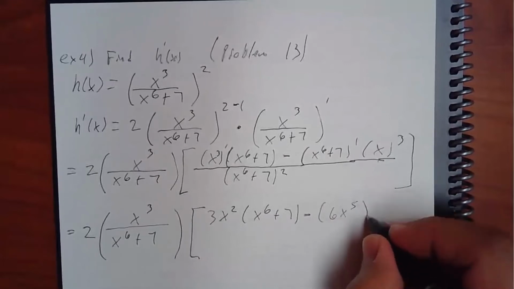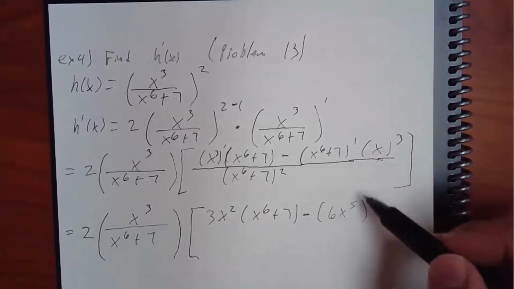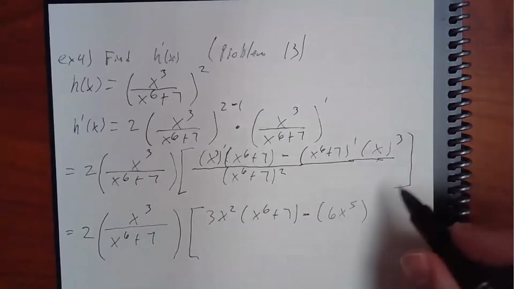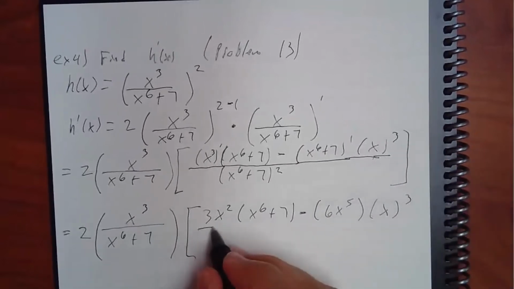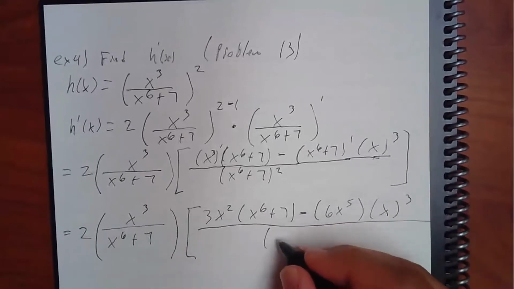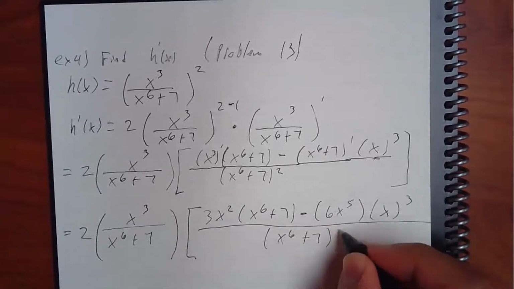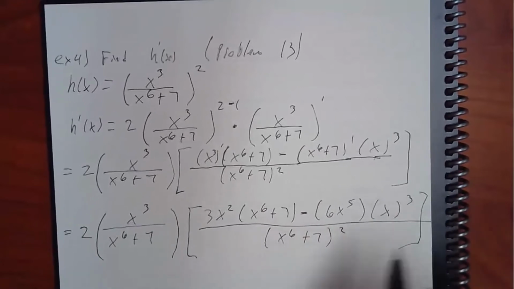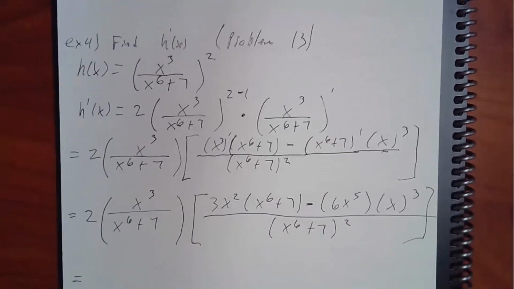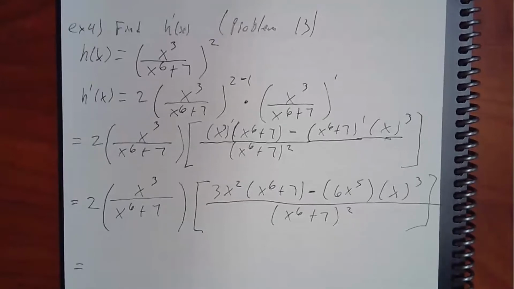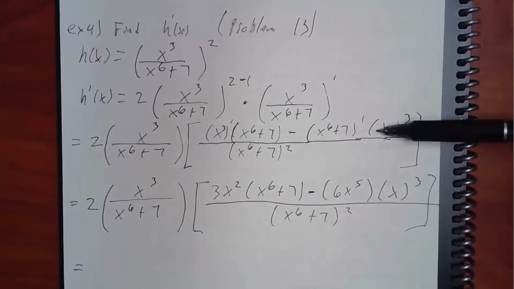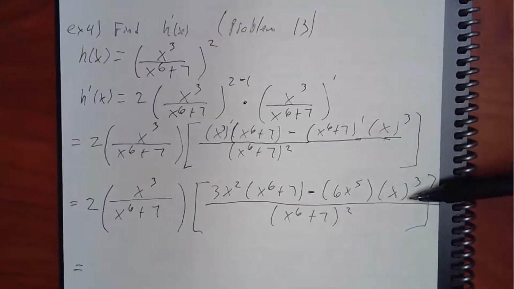The plus 7 will be 0 because the derivative of a constant is 0. It's gone. And then there's this x cubed chilling right here, over x to the 6 plus 7 squared. Now it's algebra time. These 3 lines here are the calculus part.